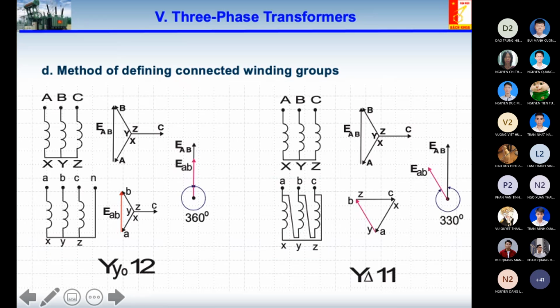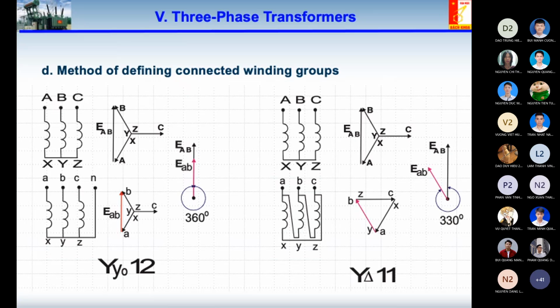It's very easy for you to write star and star here, but number 12, you don't know in advance. Our responsibility is that we have to define this number. But how to define it?